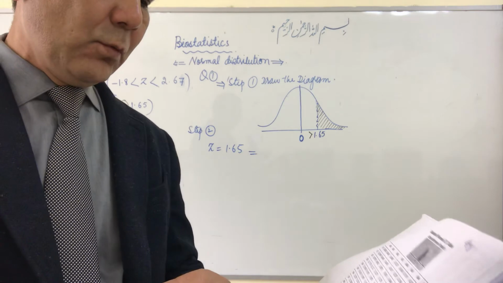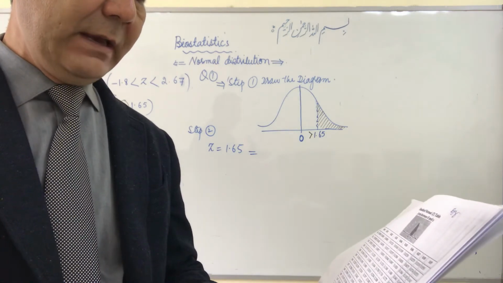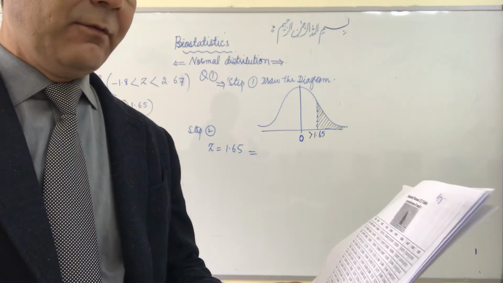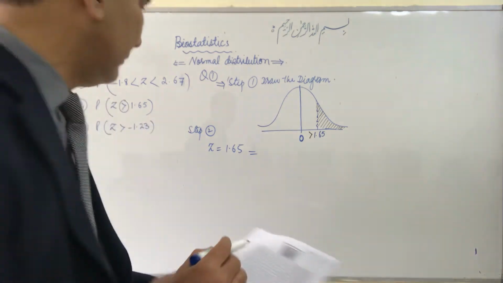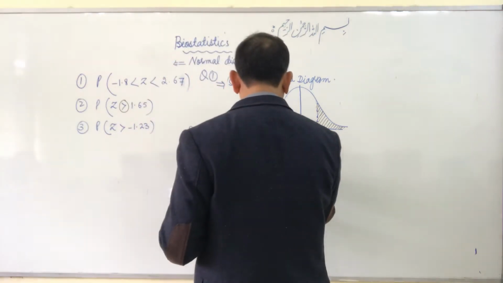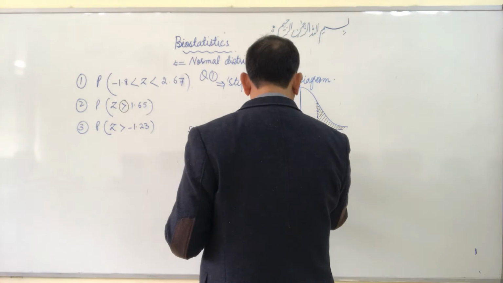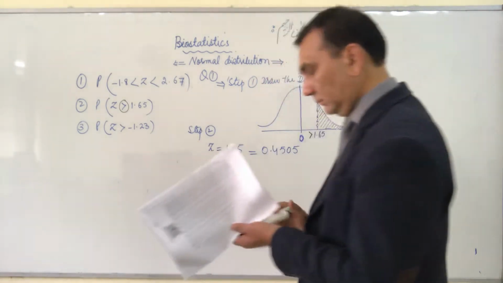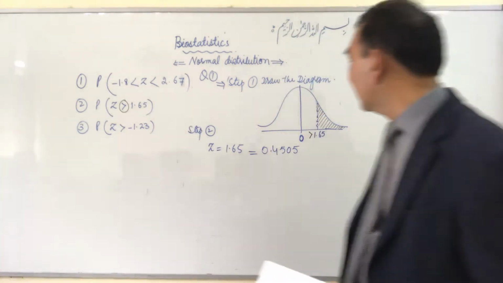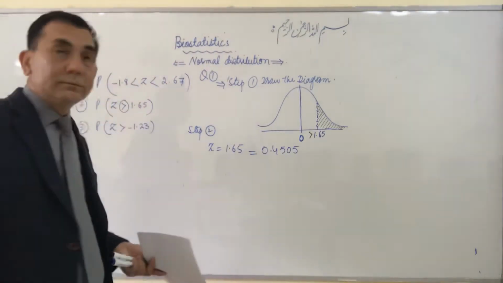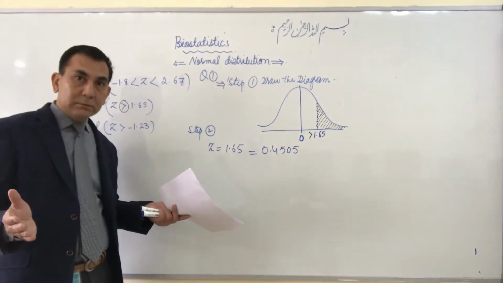Then the value for 1.65 is 0.4505. So the problem has been solved now.